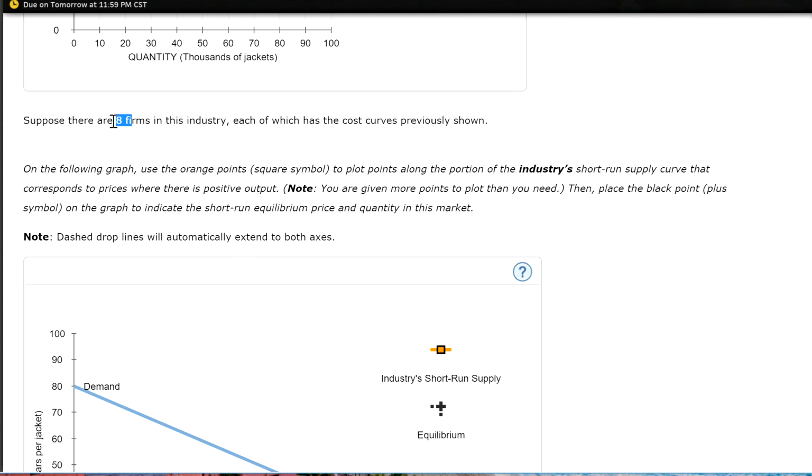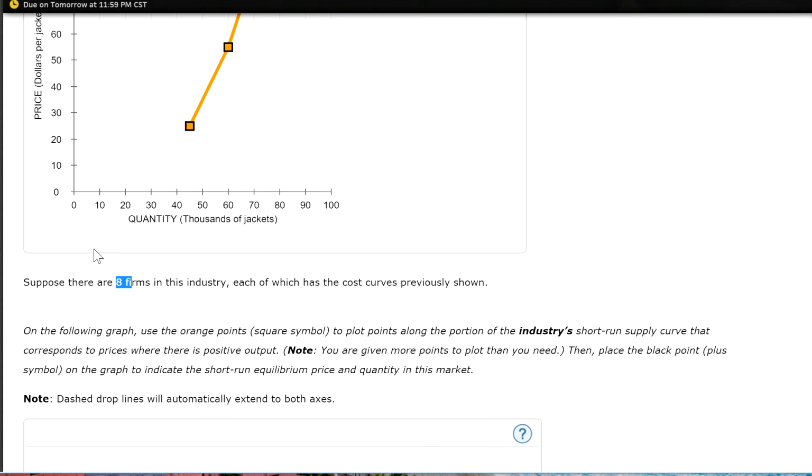So we use 8 times our individual company quantity. For the first one, this is 45, so 45 times 8, let me use the calculator on my iPhone, that's 360.